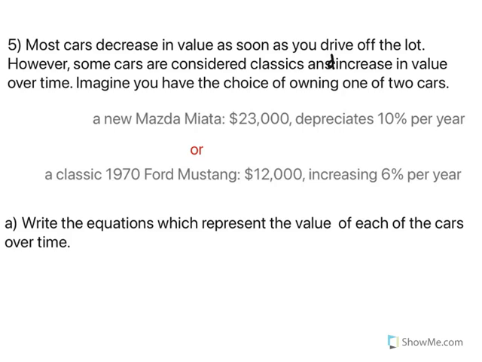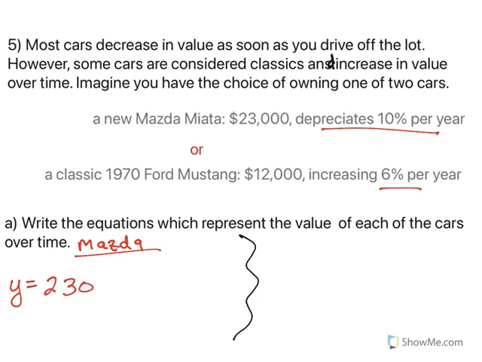Let's write equations, which represent the value of each of the cars. All right, so first we're going to have the Mazda. Notice we have percentages, so they're exponential. So y equals, how much is the Mazda originally? The initial amount is $23,000. Then 1 depreciates, so we're subtracting 10% inside.